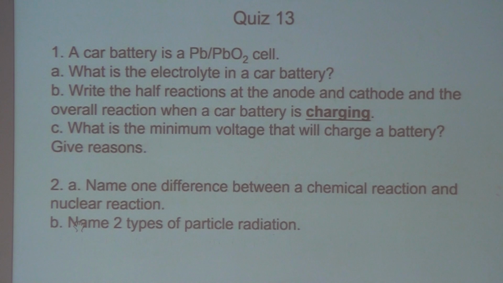If you take a look on pages 681 and 682, that describes the lead storage battery. So that's section 19.6 in the 6th edition of the textbook.